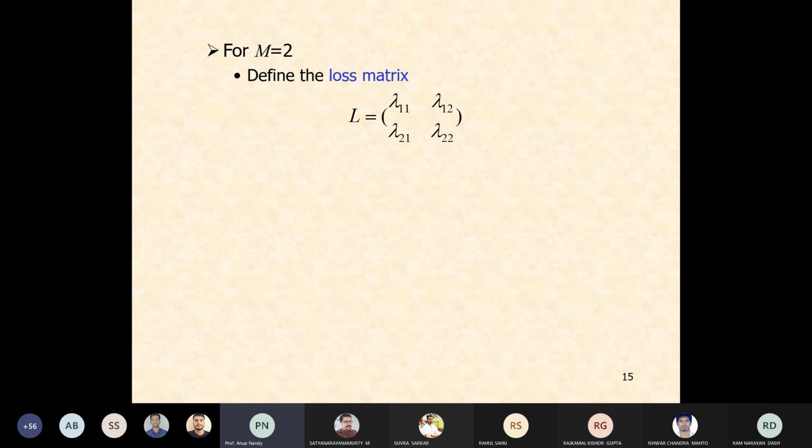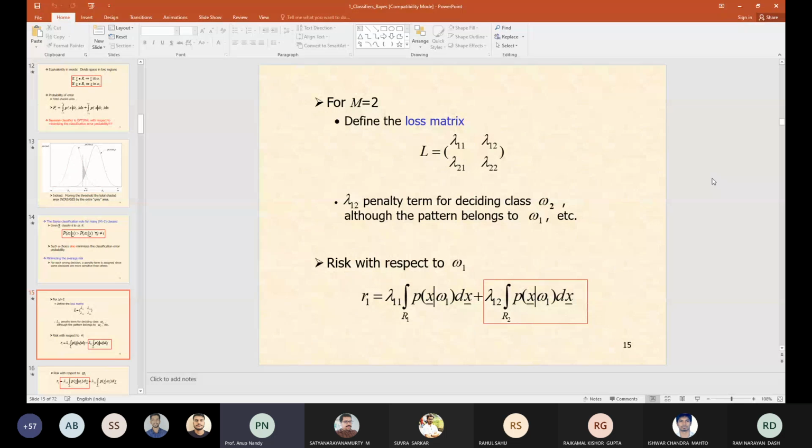Okay, so now let me design it. I'll just share it. Let me share my desktop, then I'll draw it.